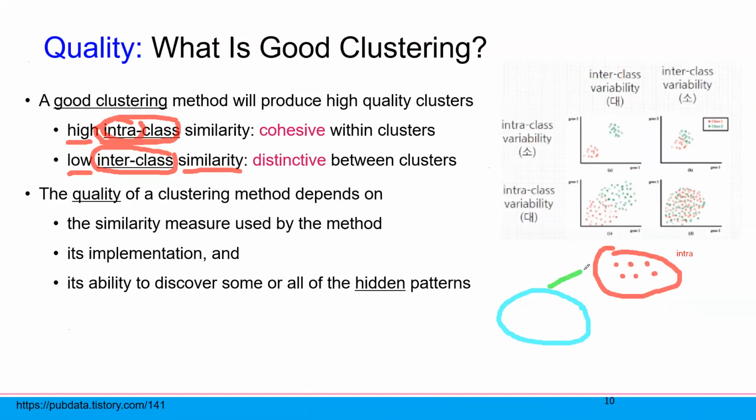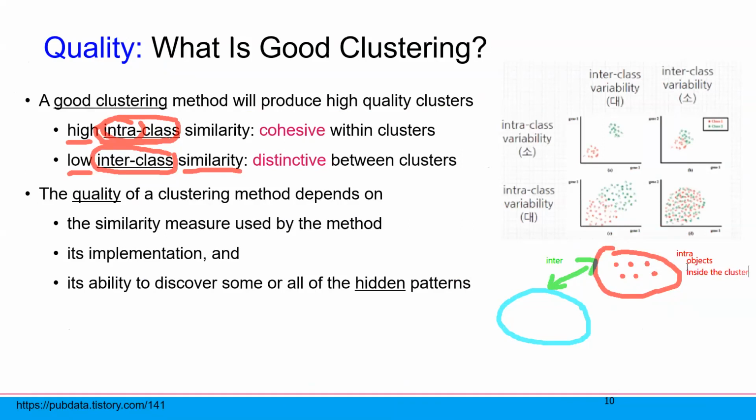If you want to see the difference between the red and the blue, we call this the inter. So inter-class means the difference between different clusters, but intra-class means the objects inside the cluster.